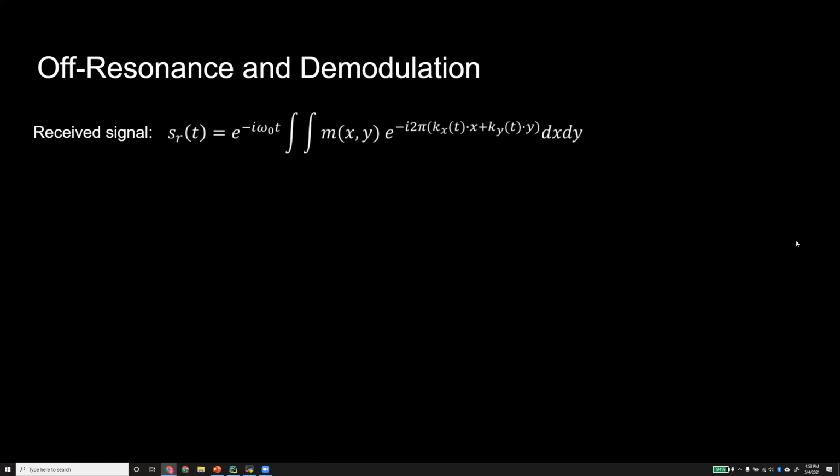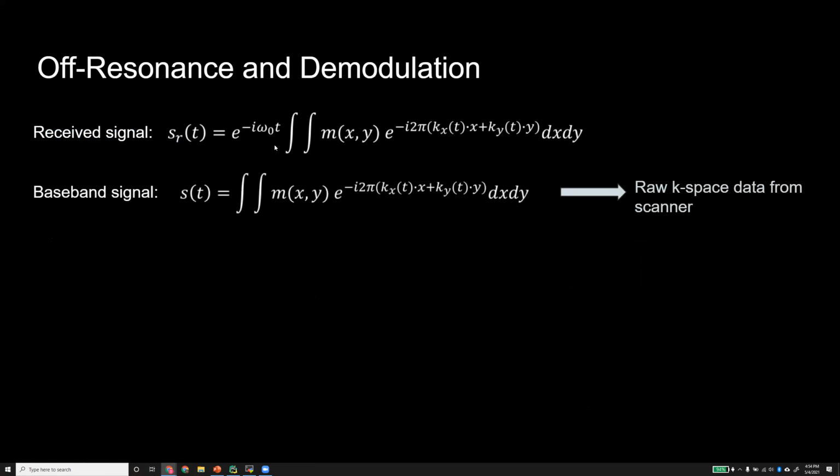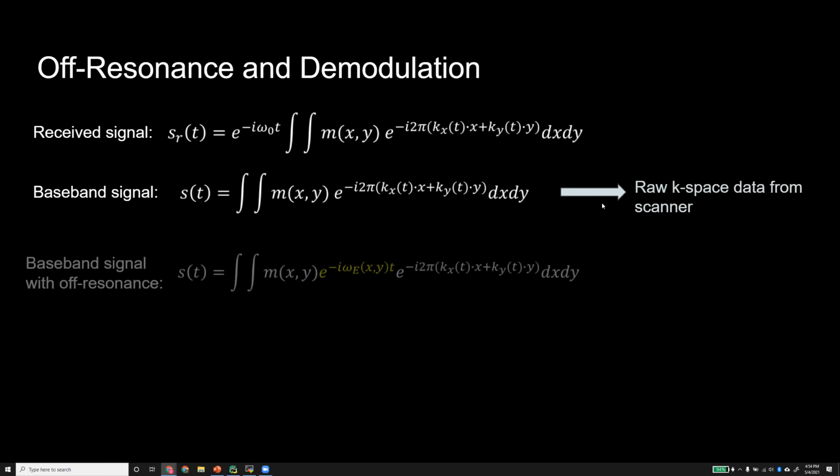And we can look at off-resonance in terms of the signal equation. As we've learned, this is the received signal of MRI before any demodulation occurs. You can see the image, acquired with this K-space, Kx, Ky, and it has this Fourier relationship, but it's also modulated by the center frequency, omega naught. If we demodulate at omega naught, we get the baseband signal. The baseband signal is what has the Fourier relationship with the image, and that is the raw K-space that we get out of the scanner.